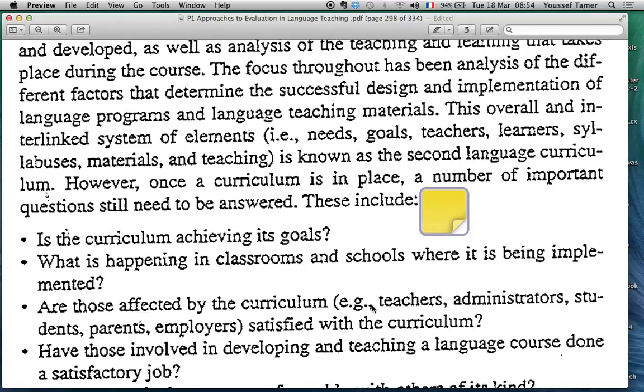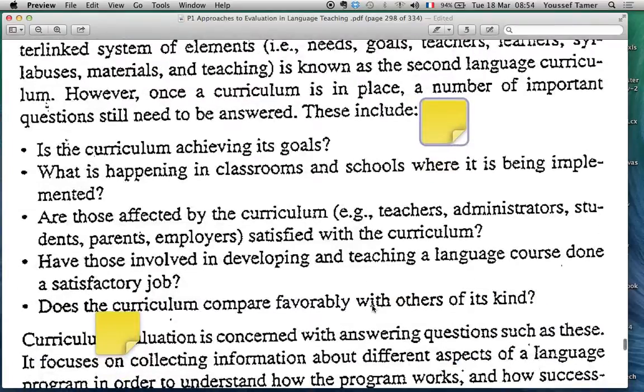What is happening in classrooms and schools where it is being implemented? Because you have textbooks, but the way the textbooks are used differs from one context to another. So that leads us to go into this area of evaluation, right? So what is happening concerning the implementation, the use of the textbook, the use of materials, okay, in schools, in different types of schools and contexts?